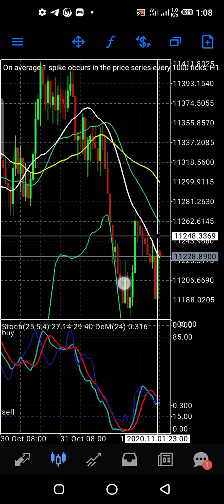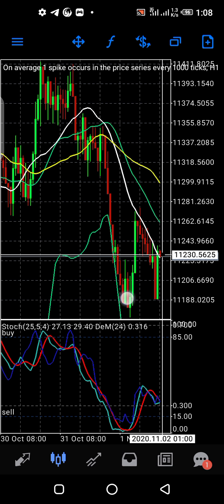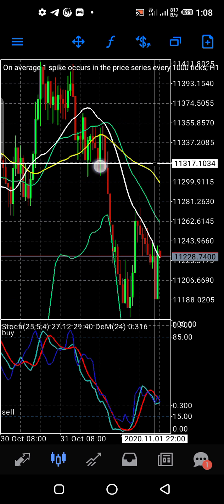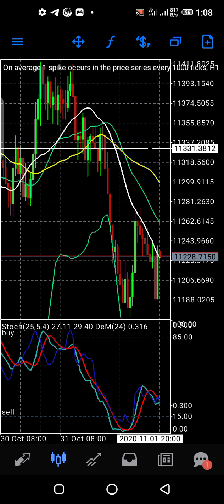So for you to be sure and confirm that you should start aiming for spikes, it's advisable that it gets to this point and crosses above this before you can actually judge to start aiming for spikes.